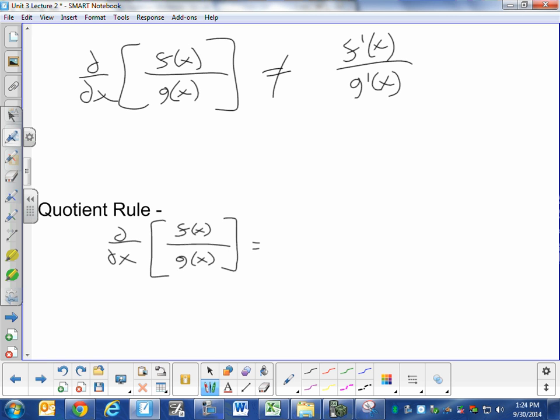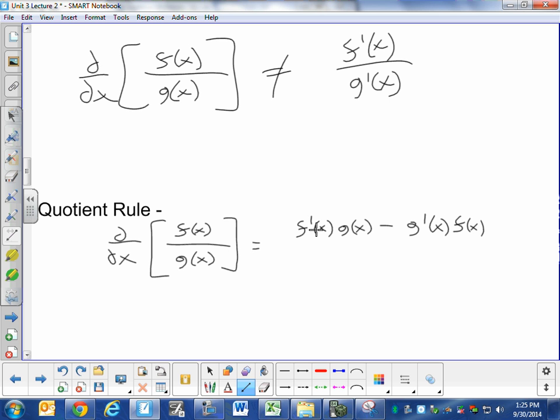Okay, it's going to be f prime g, g prime f, just like the product rule, only with a minus sign in between. And it's all going to be divided by the bottom squared.